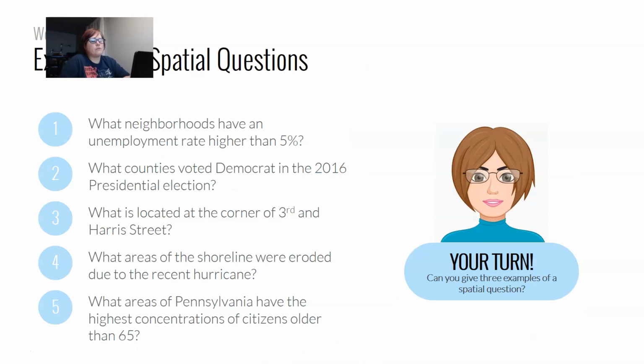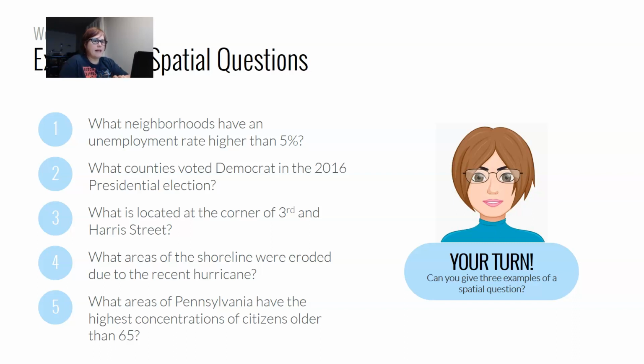So when we think about spatial questions and spatial thinking, I have a number of examples here of spatial questions, like, for instance, what neighborhoods in Harrisburg have an unemployment rate higher than 5%? What counties voted Democrat in the 2016 presidential election? What is located at the corner of 3rd and Harris Street?